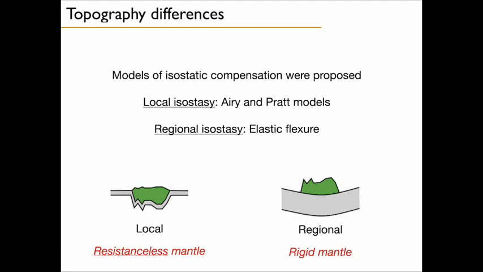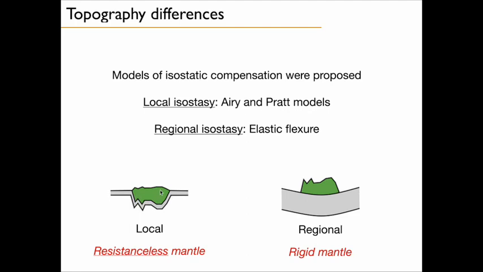So the models we learned in local isostasy were the Airy and the Pratt model. And now we want to move to regional isostasy, and we need to consider what's called the elastic flexure. So what you would obtain without taking into account resistance is a local model.